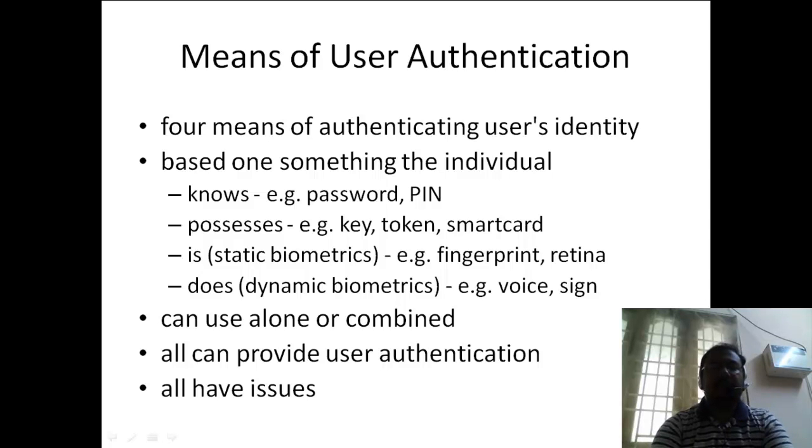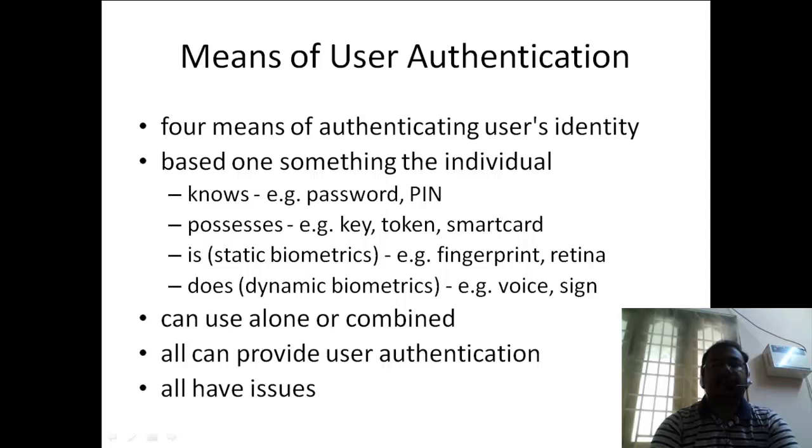If you are going to use an ATM, you will have a PIN number. With the PIN number, you can be assured that the particular person is the one who is allowed to access the ATM machine. And next is what the user possesses. For example, you have a key, a token, or a smart card.